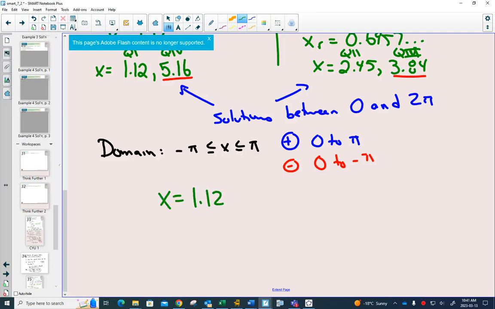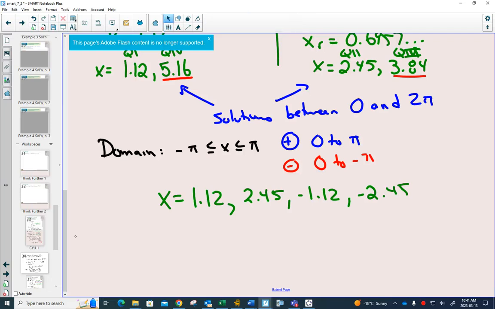We can keep the 1.12. We can keep the 2.45. The 5.16 will be negative 1.12 because it has the same reference angle and it's in quadrant 4. The 3.84 will be negative 2.45 because it has the same reference angle, 2 quadrants back, so it would match up with the 2 quadrants forward. So these would be the solutions between negative pi and pi.